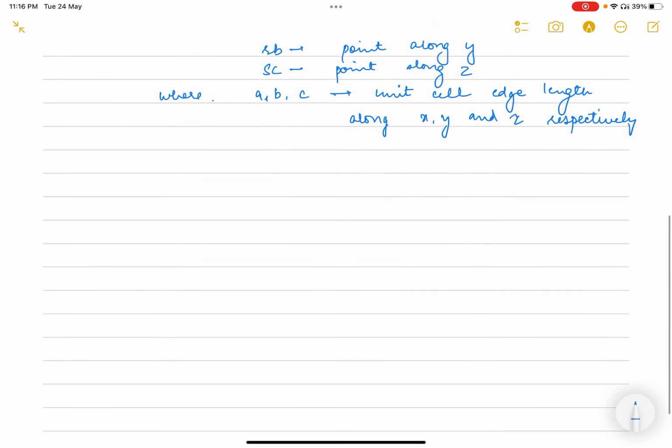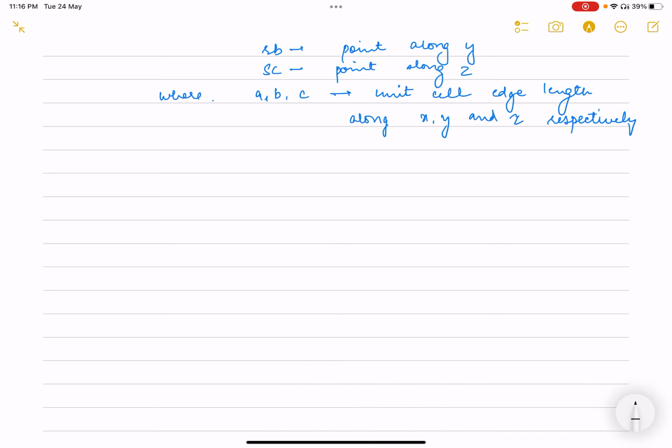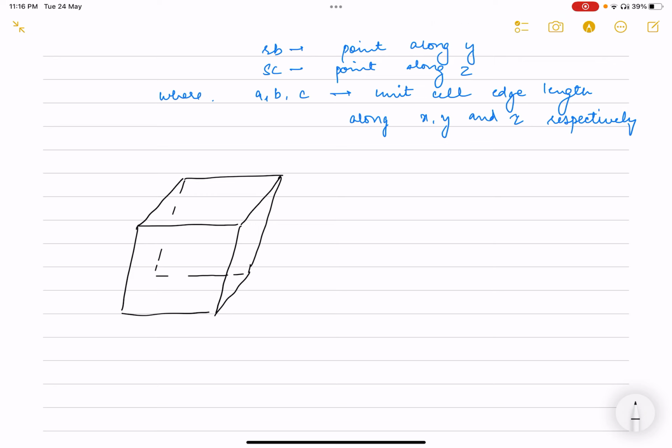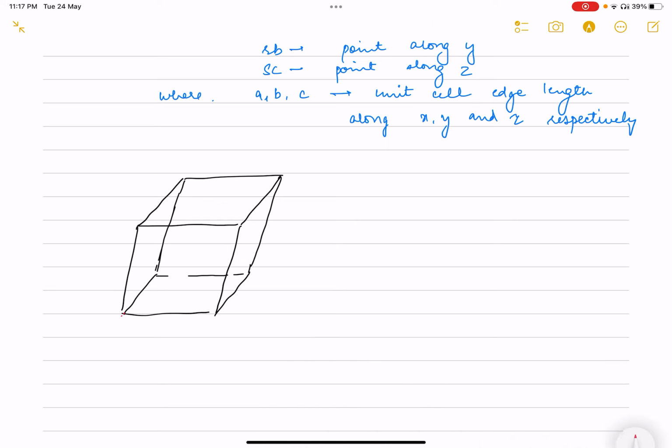Now if we have this parallelepiped kind of unit cell, what will be our axes as established by the right-hand coordinate axis convention?